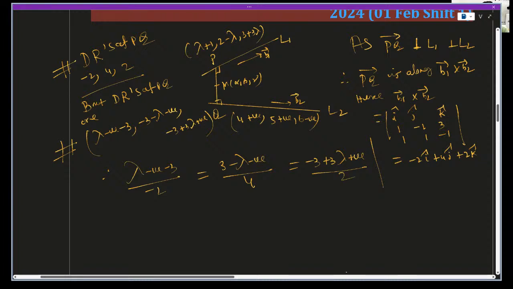We can easily find the values of lambda and mu from here. Just take the first and the third ratios.